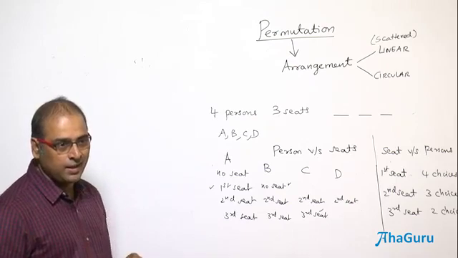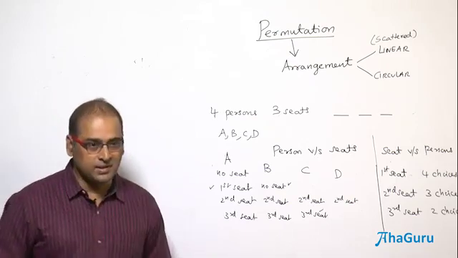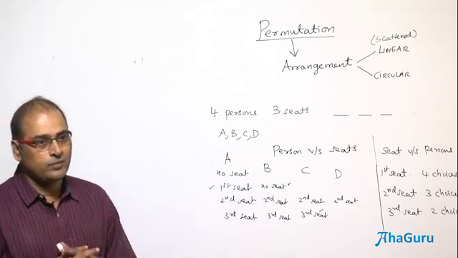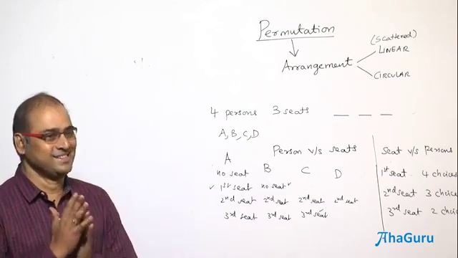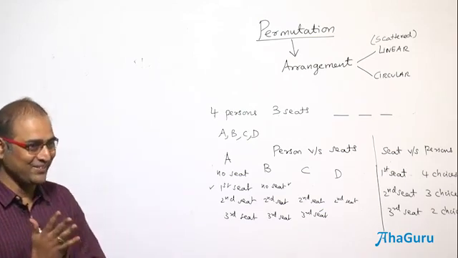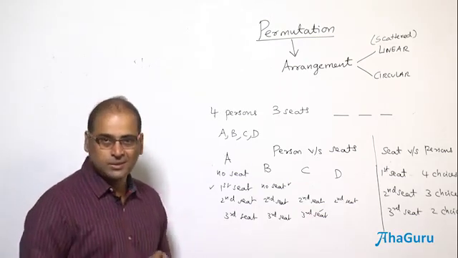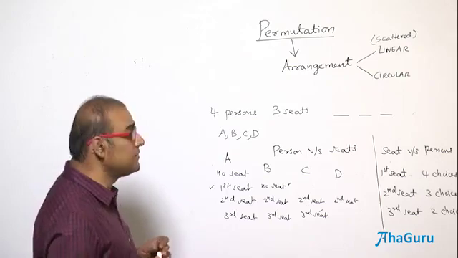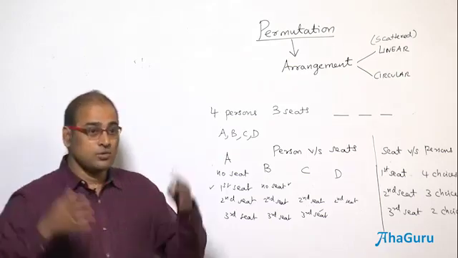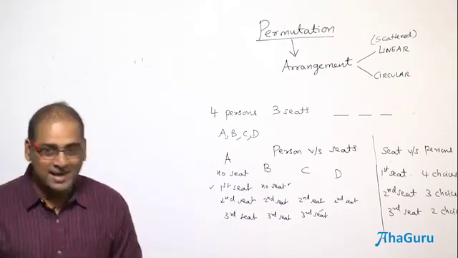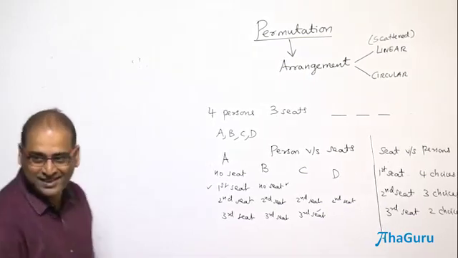Suppose there are 5 persons and 3 seats. So somehow you manage, but this one is always going to work, right? So 5 persons and 3 seats means then you can't say no seat 1, no seat 2 like that. You can't classify the no seats into 2 categories. Then it would be a problem.